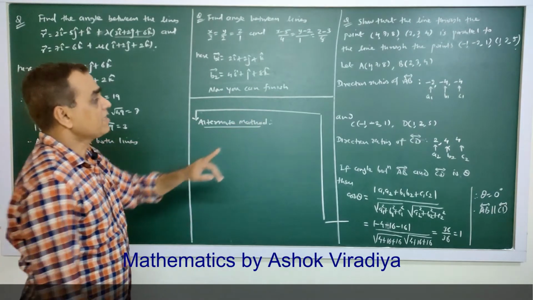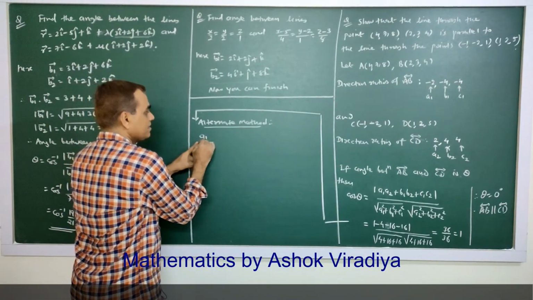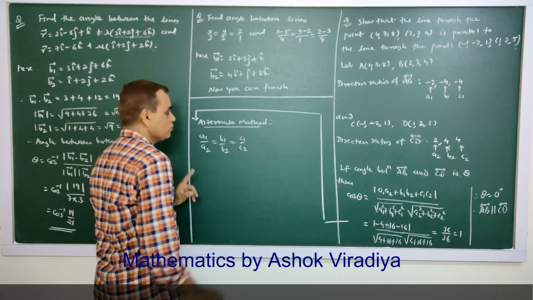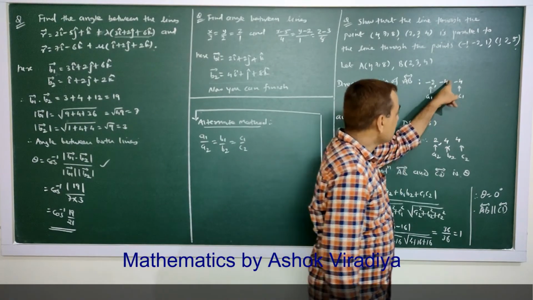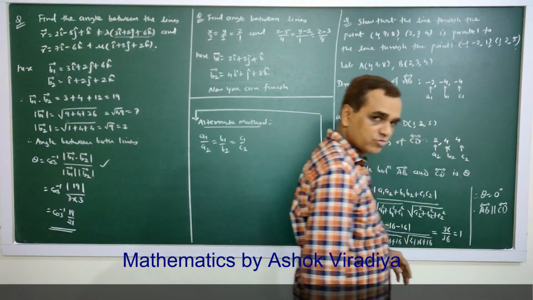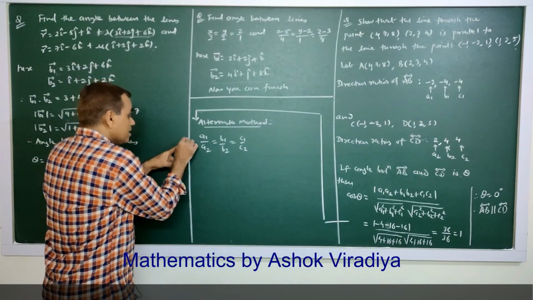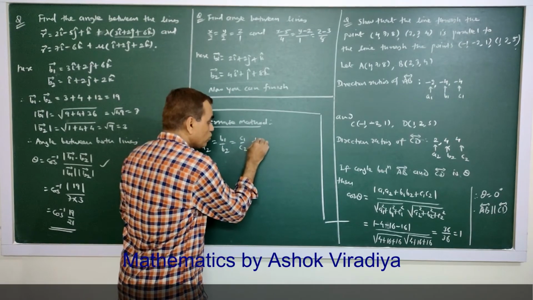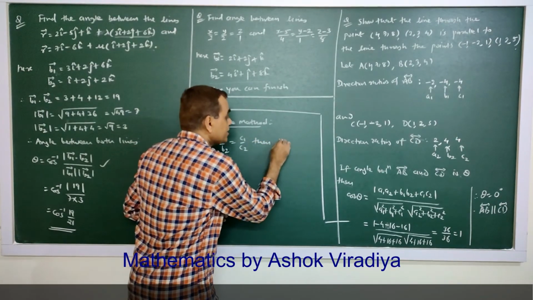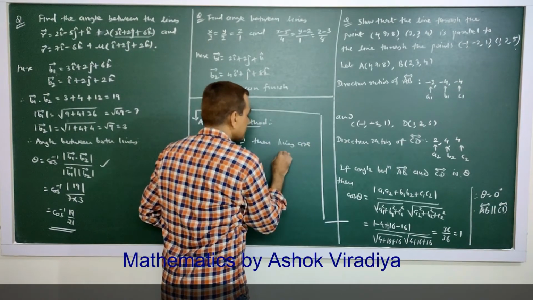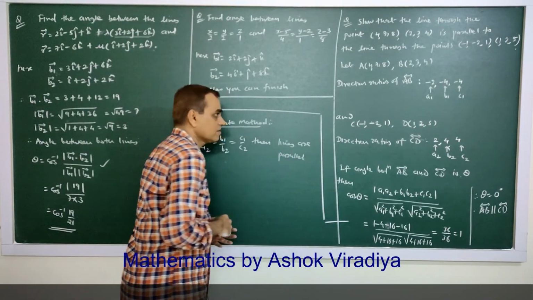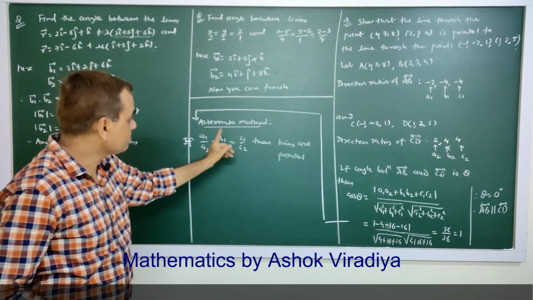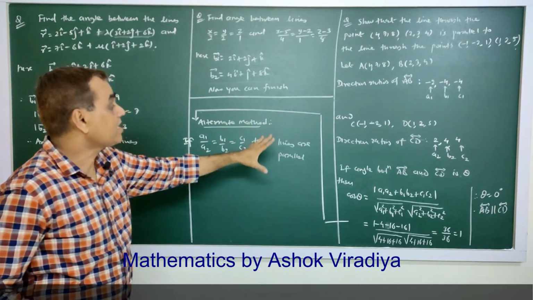So here A1 by A2 equal to B1 by B2 equal to C1 by C2. If A1 by A2 equal to B1 by B2 equal to C1 by C2, then lines are parallel. If direction ratios are in proportion, then lines are parallel.